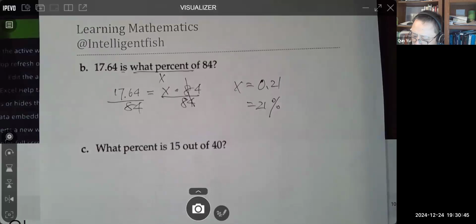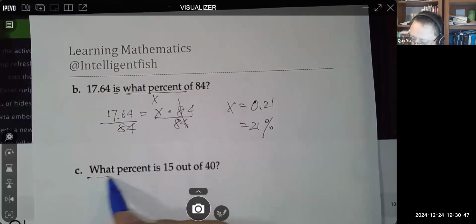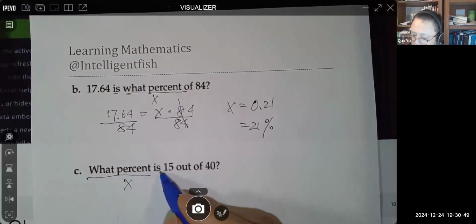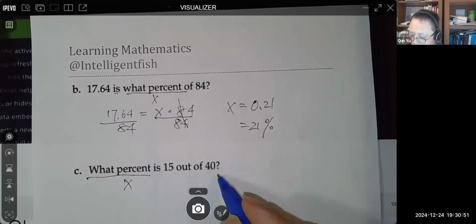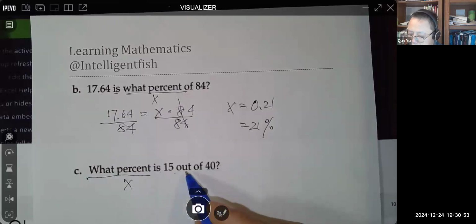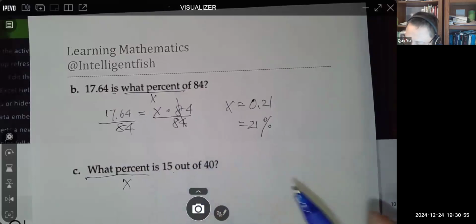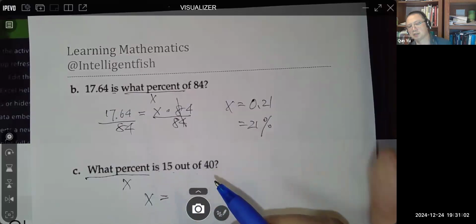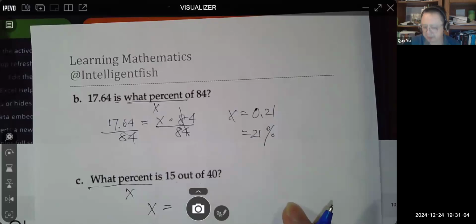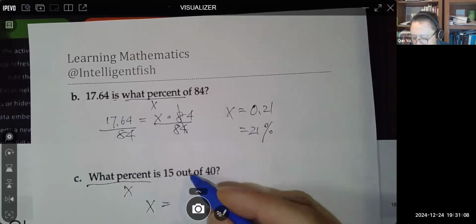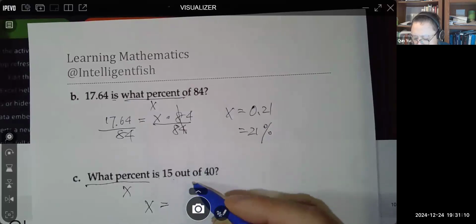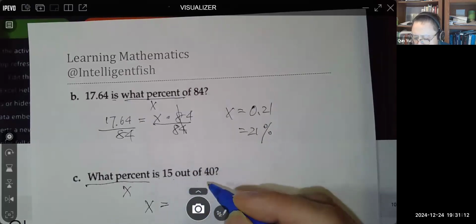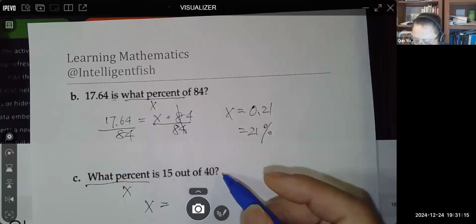Now the last one for this video: X percent is 15 out of 40. Out of 40, just of 40. So X percent is now, pay attention to this, this is a little bit different. 15 out of 40 is not times 40, okay?